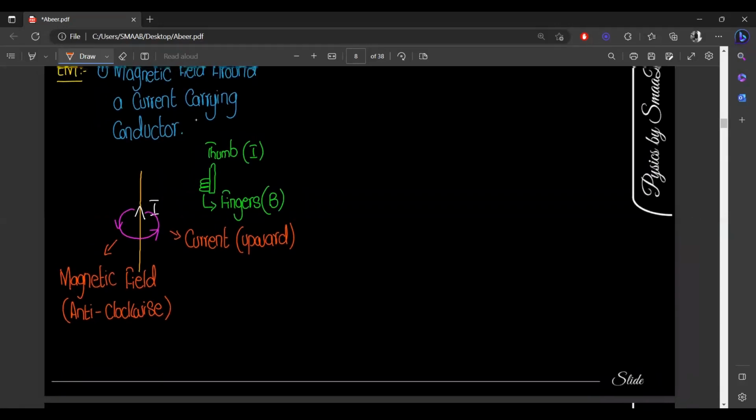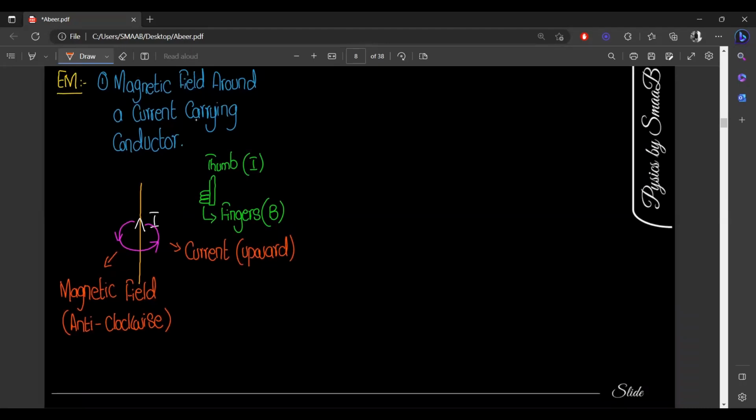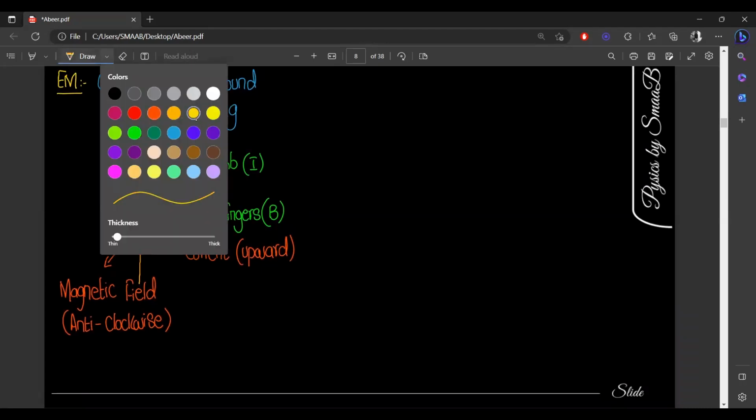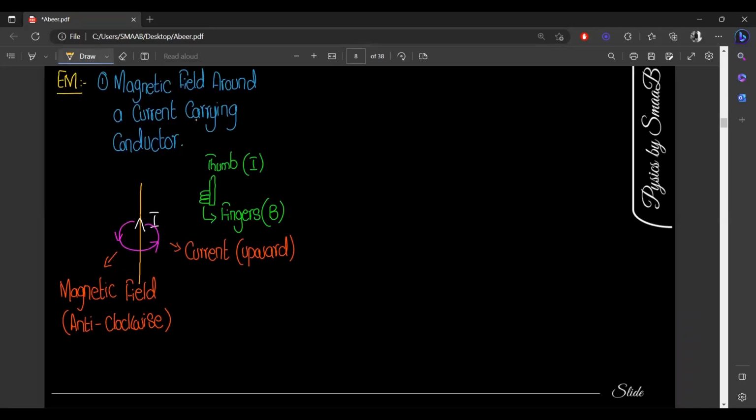And let's suppose the conductor is not a straight wire, but a coil. So this is case number one, and the second case is when current is moving through a coil.